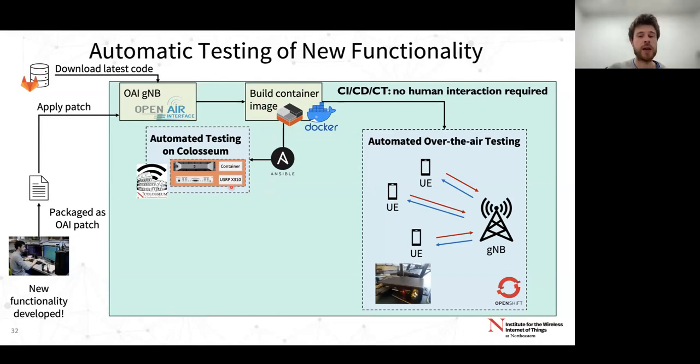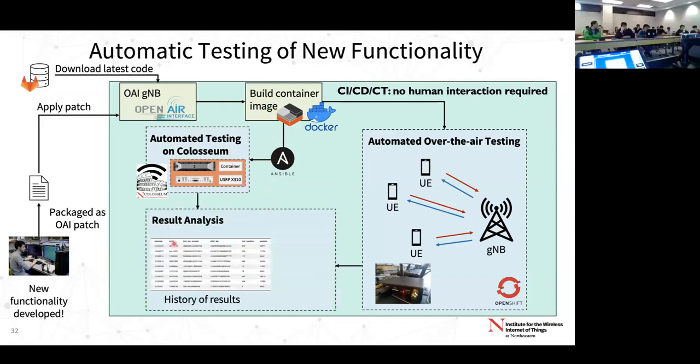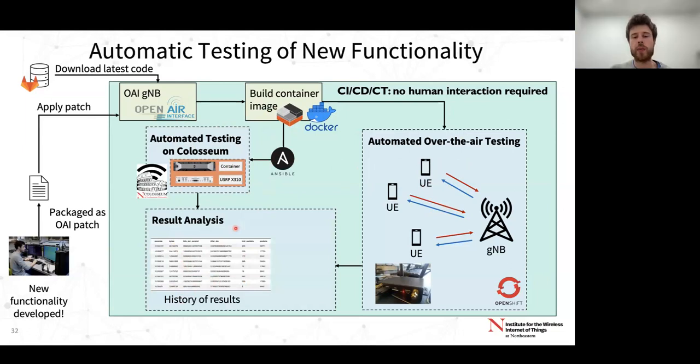After this, we run automated tests with either one of these procedures. Now we can collect some results and build a history of results so that we can compare more recent tests with the history that we have, and, for instance, know at a glance if a certain test was successful or if it failed.